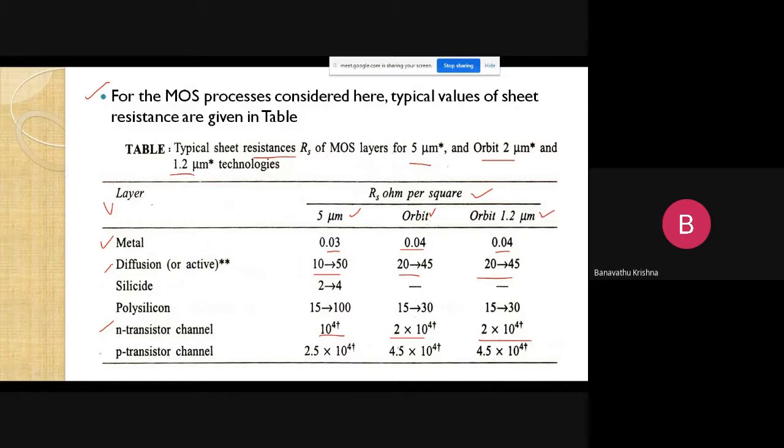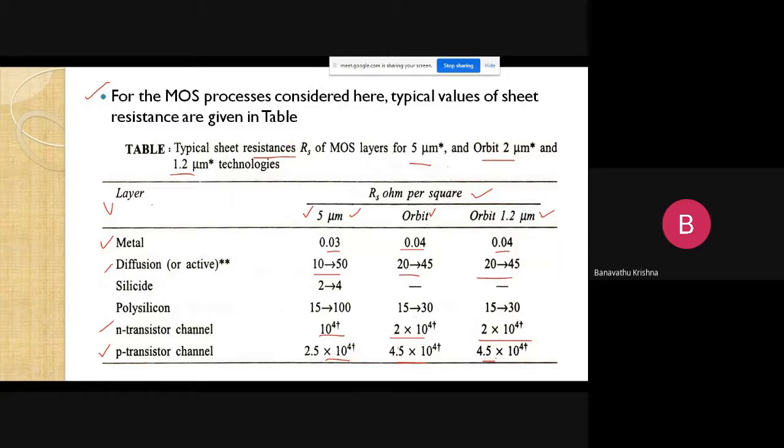For the p-channel transistor, the sheet resistance value in 5 micrometer technology is 2.5 into 10 to the power of 4. In 2 micrometer technology, it is 4.5 into 10 to the power of 4. Similarly, in Orbit 1.2 micrometer technology, it is 4.5 into 10 to the power of 4.